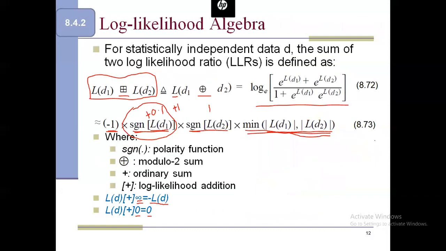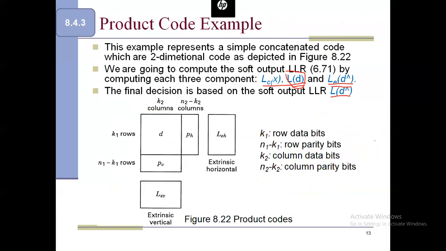So we move forward, and I will tell you how to calculate this extrinsic horizontal and extrinsic vertical value to modify the value of L of D to L of D estimated, and have it fed back for the next iteration.